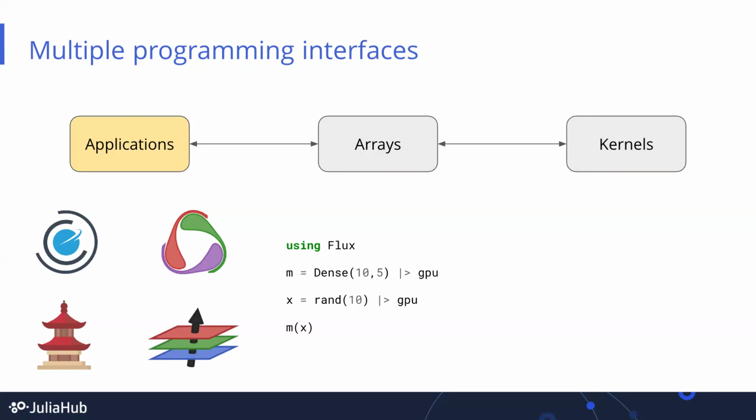You can just throw data at this gpu function, and if you call your model with data, it will execute on the GPU. This depends heavily on the application. You have to consult the application documentation on in what way GPUs are supported. But it's not that relevant or interesting from a GPU programmer perspective, because ultimately it's up to the application how to expose the functionality that we've developed.